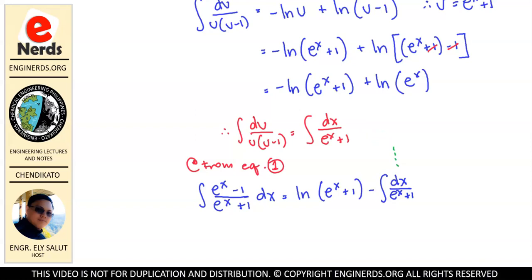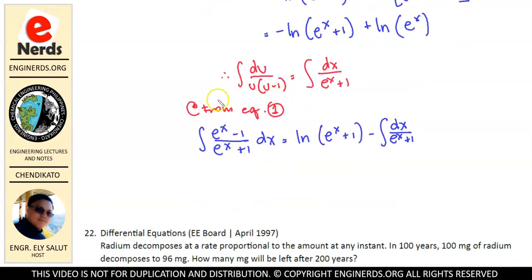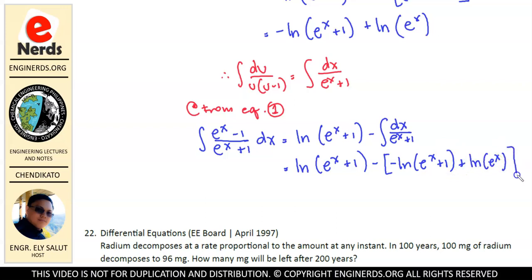So we have ln e to the x plus 1 minus the value of this, which is negative ln e to the x plus 1 plus ln e to the x.